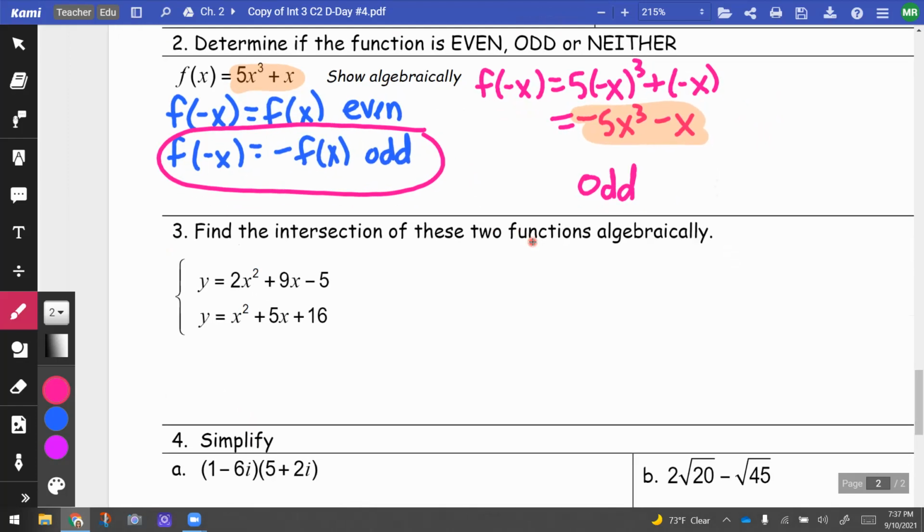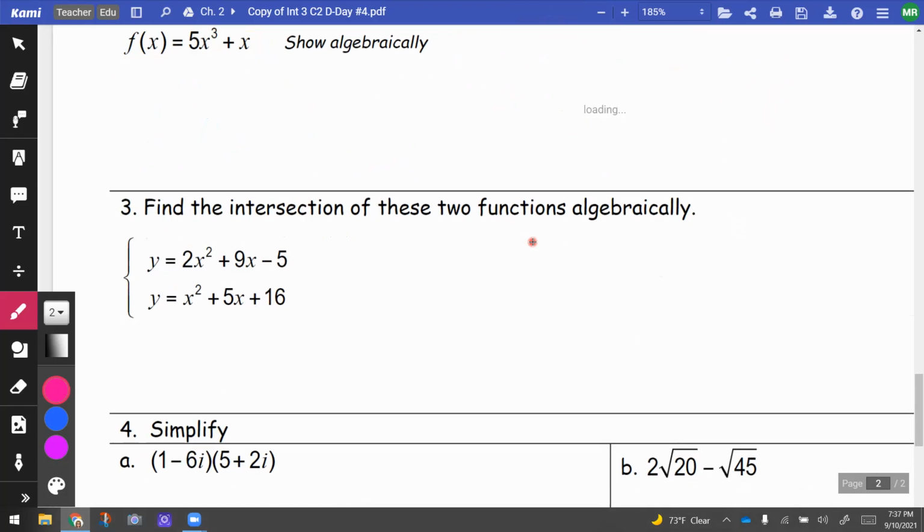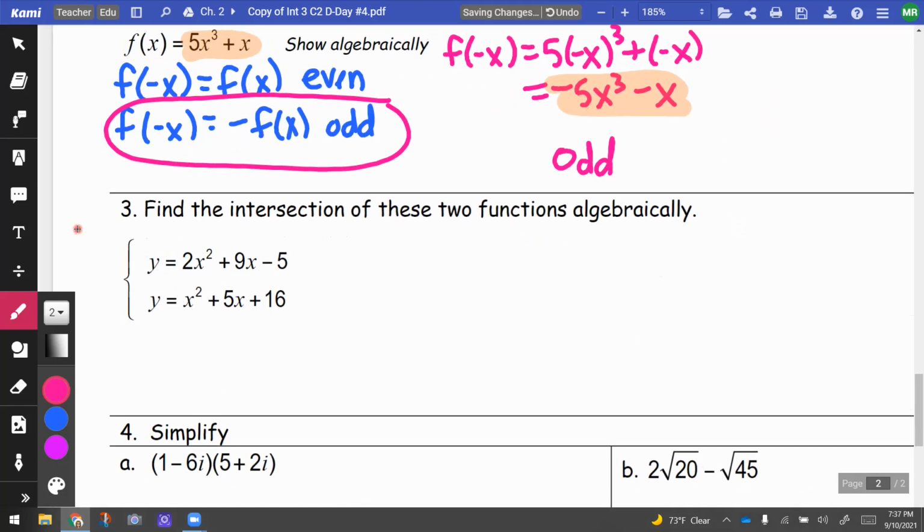Okay, on number 3, we're going to solve this system. These are both y equal, so I'm going to set them equal. So I'm going to get 2x squared plus 9x minus 5 equals x squared plus 5x plus 16. And when you have quadratic equations, you want to get everything on one side, 0 on the other side.